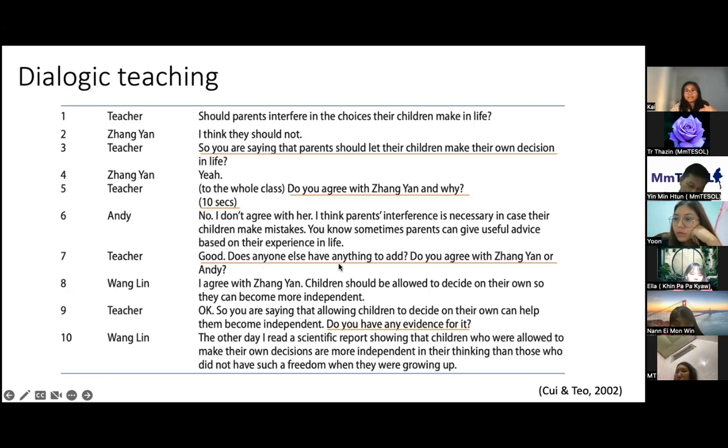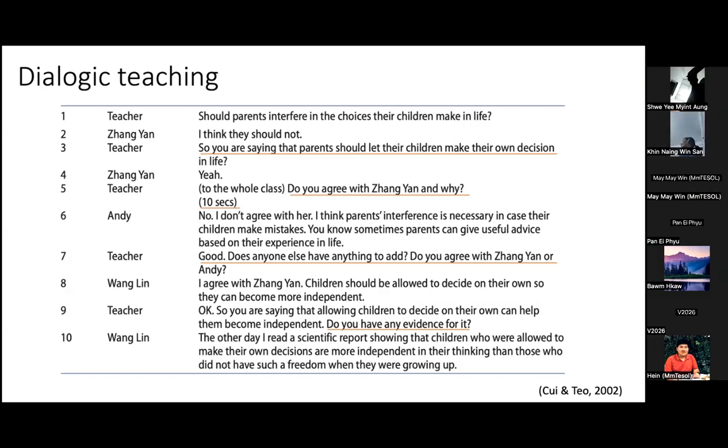Does anyone else have anything to add? So the teacher is asking for more responses from the students. And the teacher also asks, do you agree or not? So the teacher is practicing reasoning skills for the students. When they hear an idea, the teacher allows the students to think whether they agree with this idea or not. And whenever they say something, the teacher asks for reasons and evidence. That is practicing reasoning skills, moving from lower order thinking to higher order thinking skills.